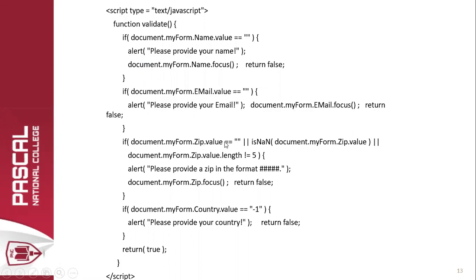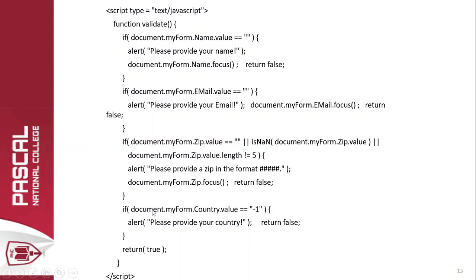Similarly, for zip.value, you check if it is empty, or if it is not a number, this function checks it, or whether its length is not equal to 5. Then show please provide the zip format in 5-digit format, then put your cursor focus on this control and return false.